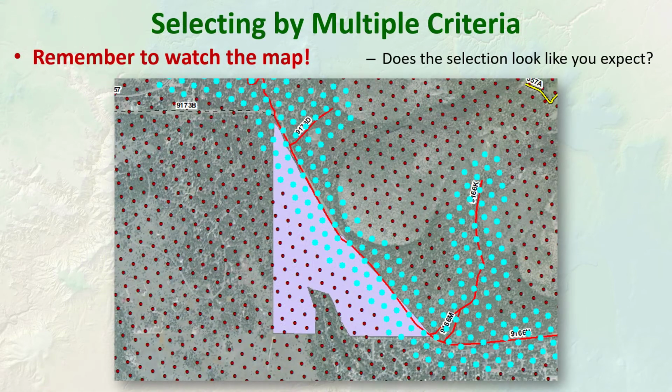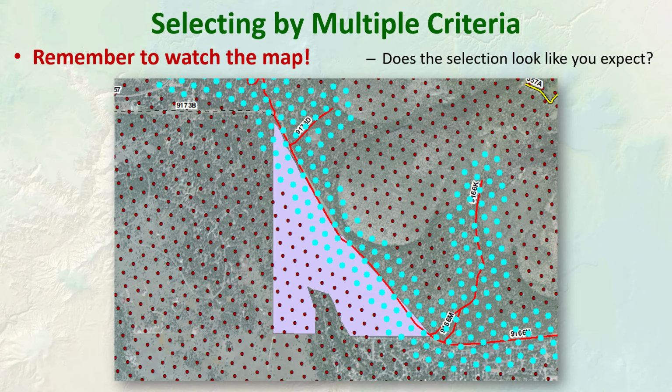Now, next thing to remember is take advantage of the fact that you have a GIS and it's making maps for you, and you can look at the results of your queries really quick. So in this example, I'm wanting to select all these points that meet 2 criteria. I want to select all the points that are in this management stand boundary, and I also want those points to be within 100 meters of the road. So if you look at this map, look at this selection, can you spot that there is an obvious error?